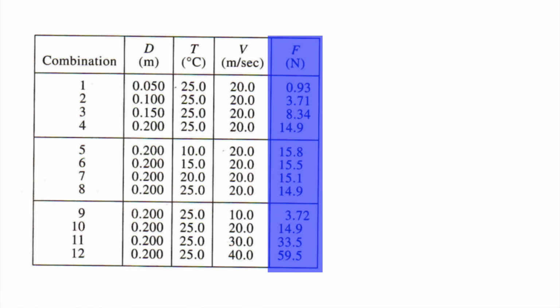And let's see it. What is changing? Your D, your T stays constant, your V stays constant, and your F is changing. Remember, ID. Your D will be your independent variable, and your F will be your dependent variable.